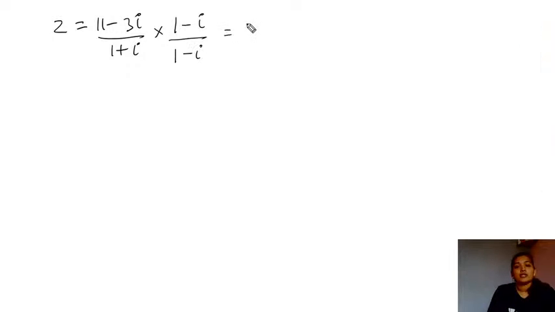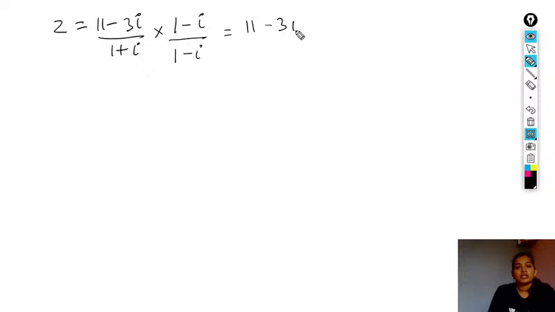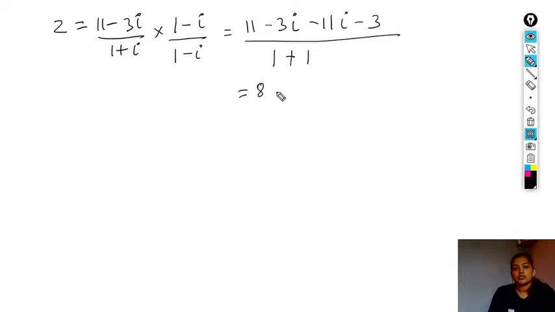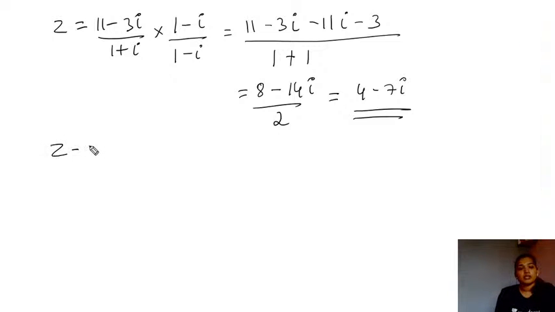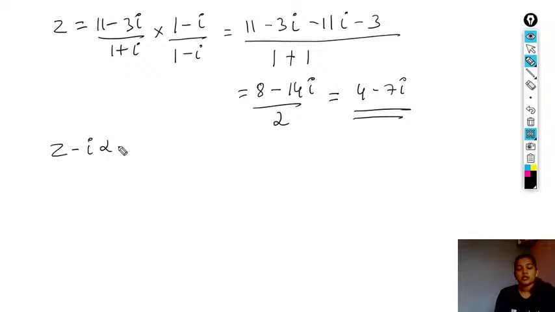So we will have this as 11 minus 3 times iota, and then we have minus 11 iota plus 3 times iota square, that is minus 3, divided by 1 minus of minus 1, so this will be 1 plus 1. So simplifying, we will have this as 8 minus 14 iota divided by 2, and we will have this as 4 minus 7 times iota. So we are asked to get the value for alpha such that z minus iota into alpha is purely imaginary.